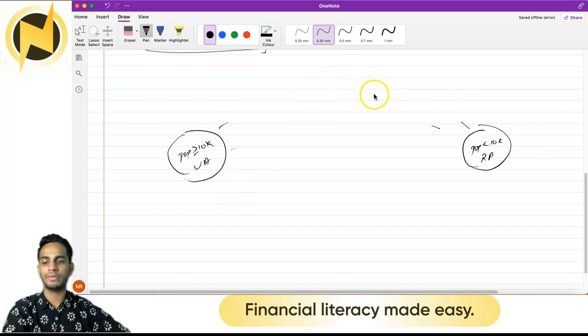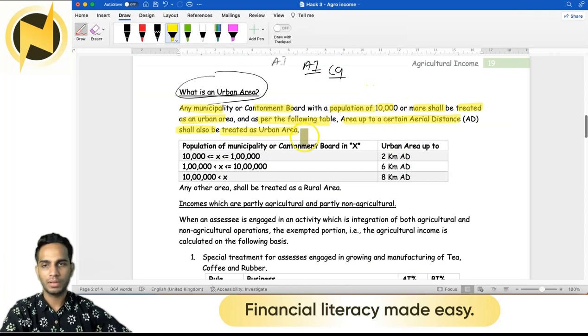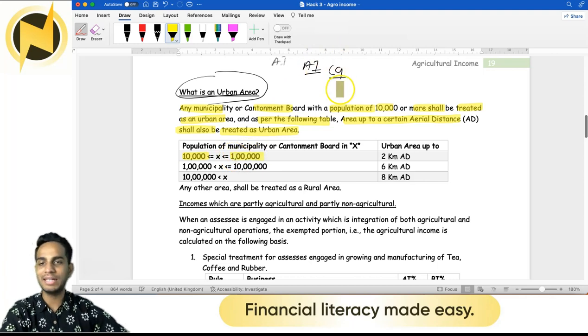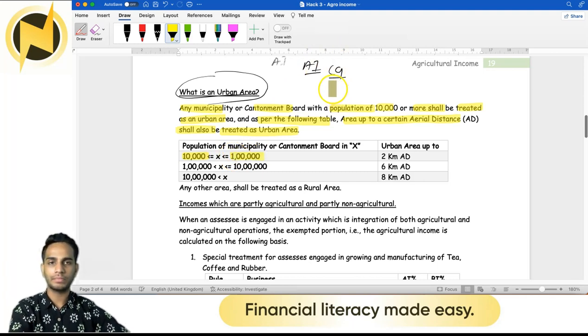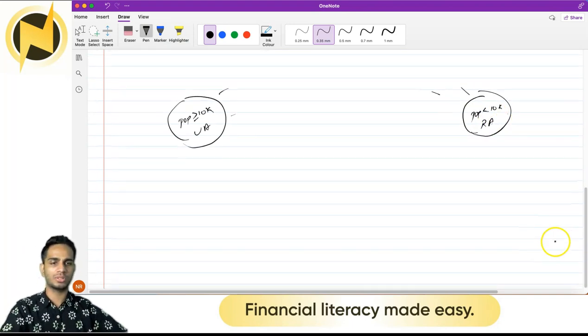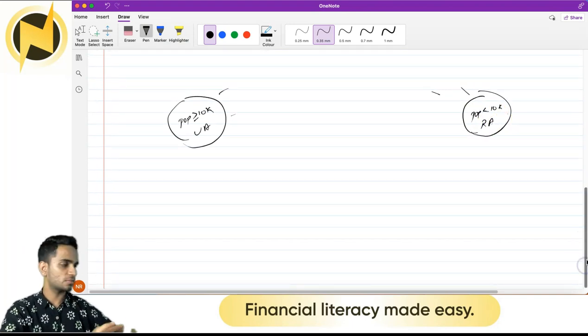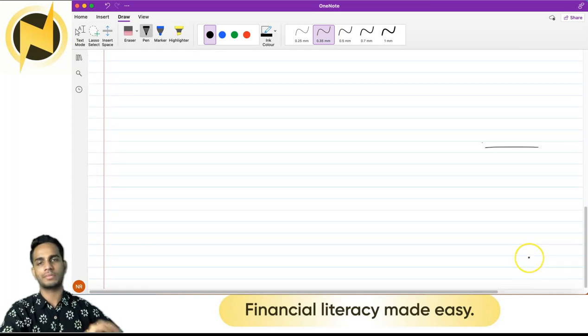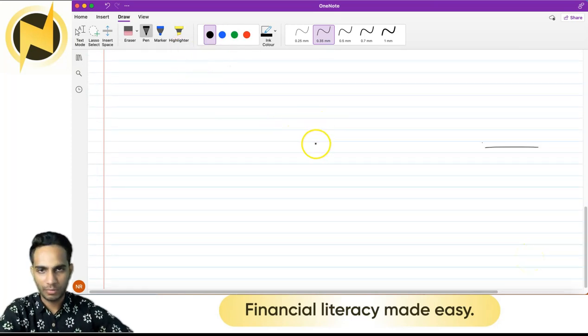How should that be treated? Okay, let's see. Say the population is more than 10,000 but not exceeding 1 lakh. So I'll draw one more circle.